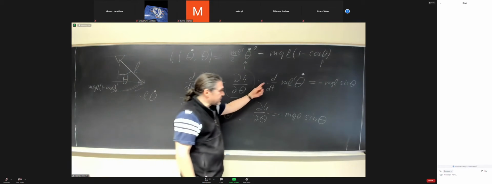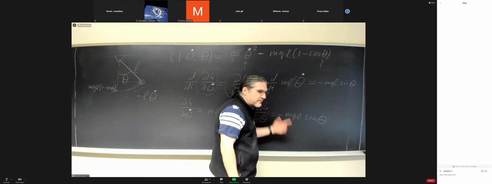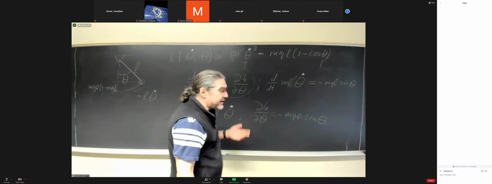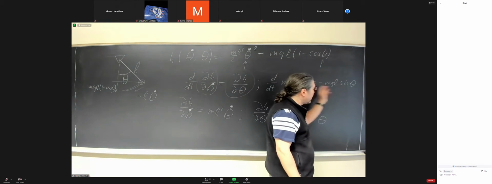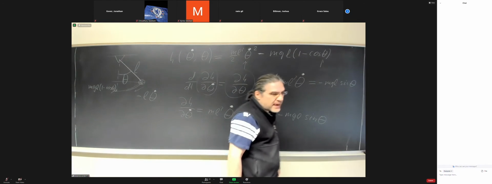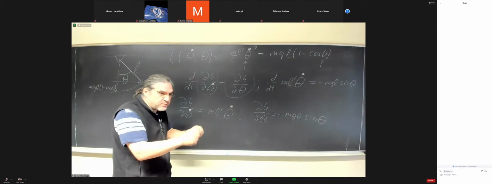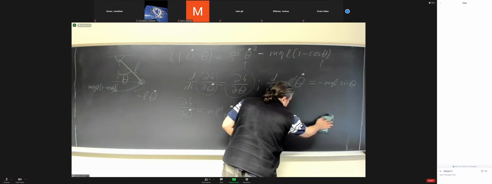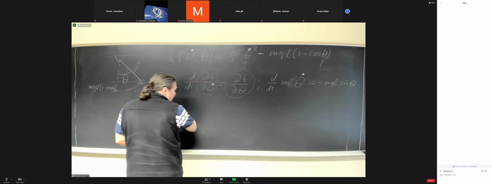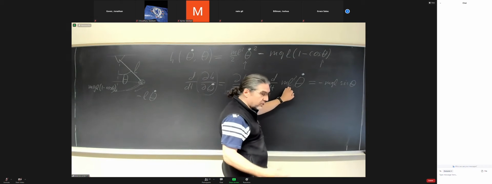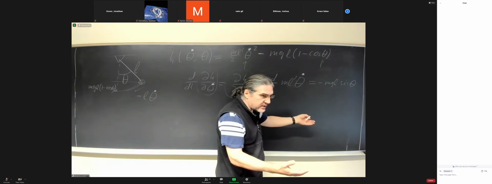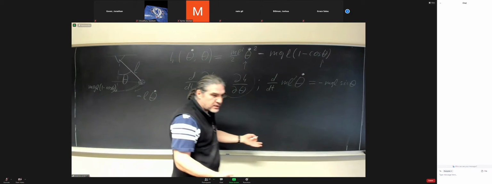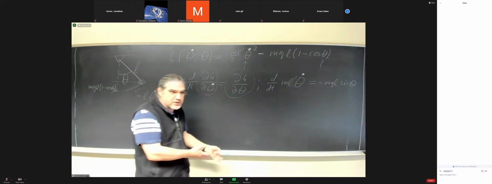Now, this is a full derivative. That's specifically written as a full derivative. It means that when I'm taking that derivative, I remember that theta dot is actually the time derivative of theta. Only at this point I use it. Now when I differentiate with respect to time, those are constants. They do not depend on time, but theta does depend on time. It's already theta dot, so when I differentiate it, it becomes theta double dot, because dot is exactly differentiation over time.